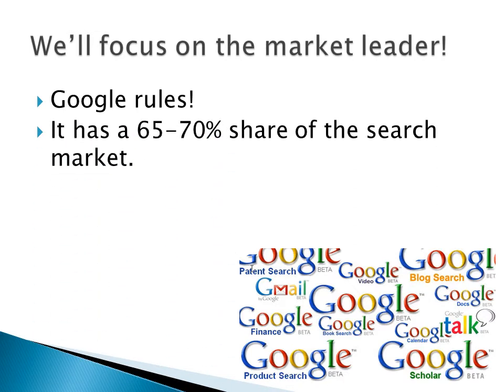And the last time I checked, Google had a 65 to 70% share of the search market. When people think of search, they don't think of Yahoo, they don't think of Bing. For the most part, they think of Google.